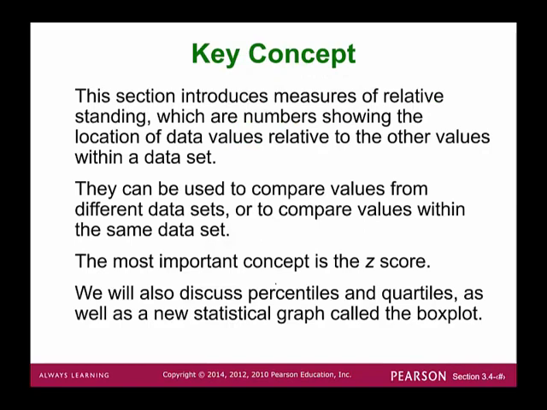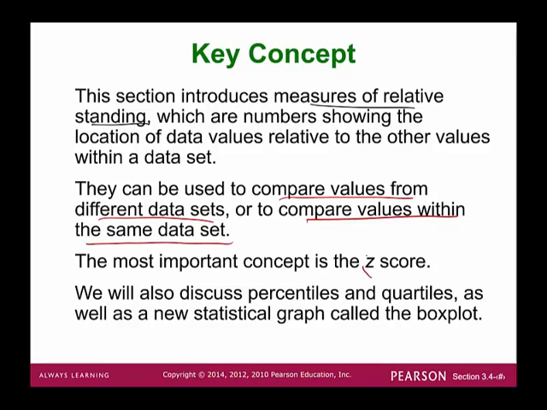All those terms are used to measure the relative standing of the data values. Again, Z-score, percentile, quartile are used to compare the values from different data sets, or you can use them to compare the data values from the same data set.